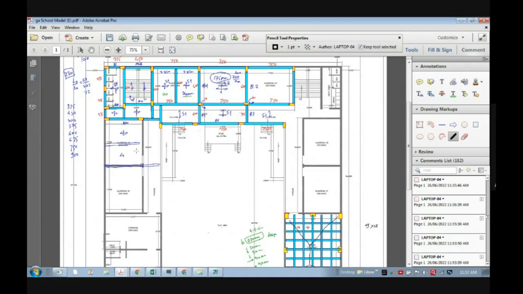And first we need to submit this drawing to the architect, then you should agree with all the parameters, discuss among yourself, and then finalize the solution. And once you finalize the solution, go to the ETABS model, then do the design and do the drawing. So this was the overall aim of this session.